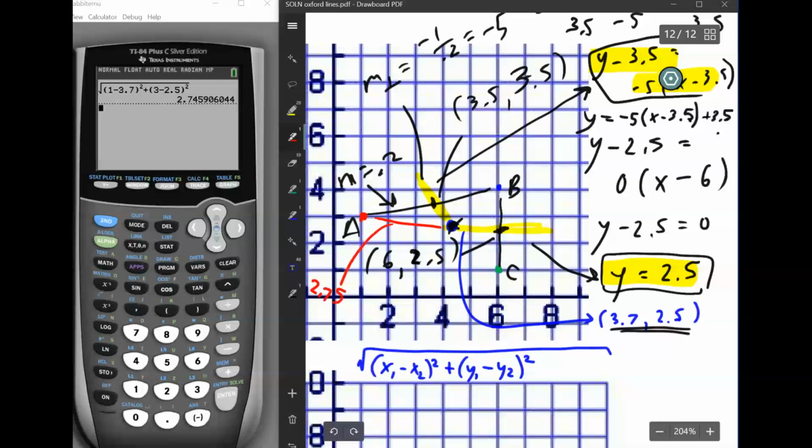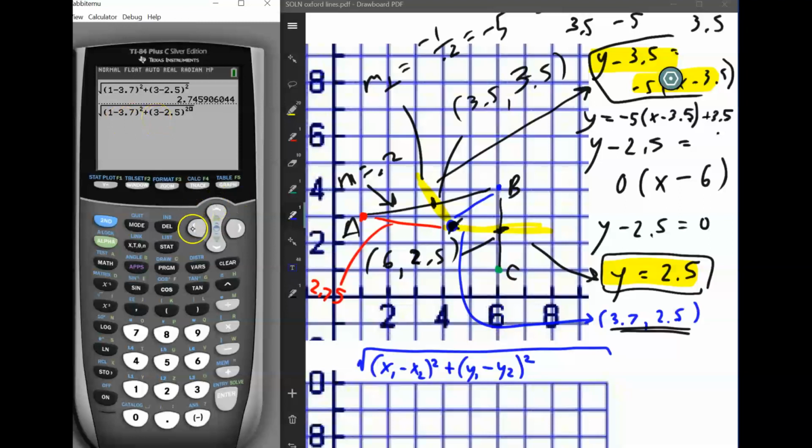Okay, and then now I'm going to do blue to black distance, this distance here. The second pair, which is 3.7 and 2.5, doesn't change because that's the black point, right? I just want to change the 1, 3, which was the red point, to 6, 4. Do you see I copied and pasted that one?